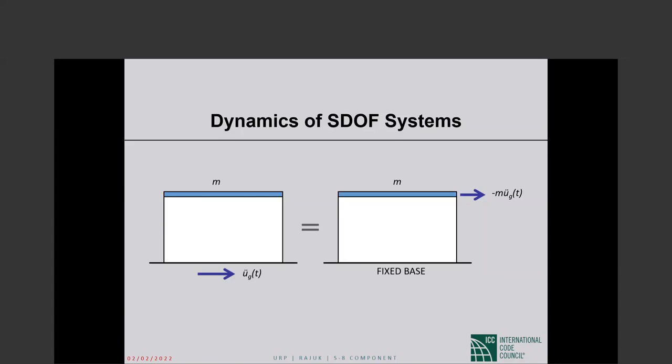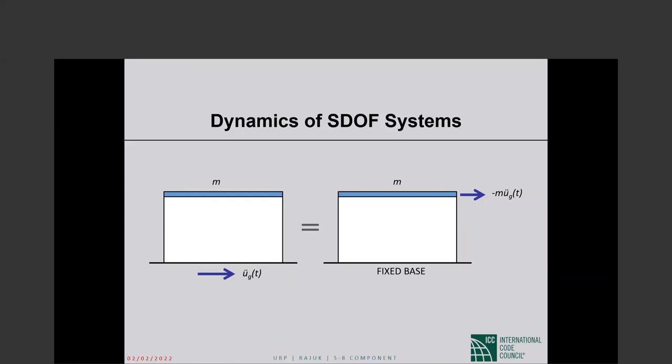The ground acceleration is a function of time. So this system, the building subject to ground acceleration, is equivalent for our purposes of analysis to a fixed base structure where the base doesn't move, but the mass is subject to an inertia force equal to minus m times U sub G double dot of t.